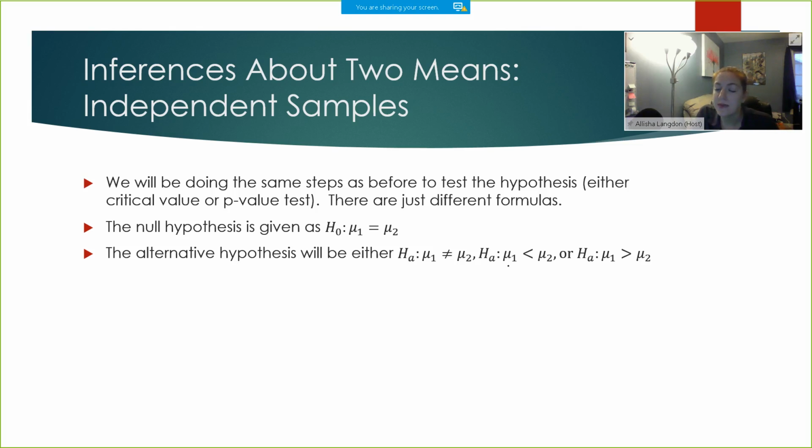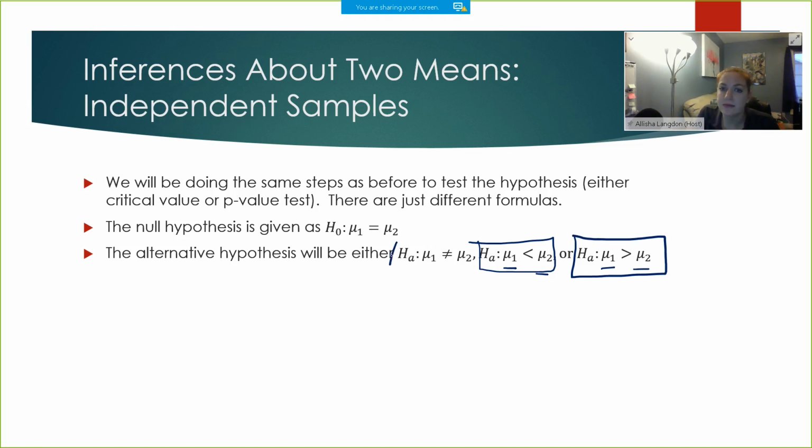So for example, if your first group is supposed to be lower than your second group, you would be using this left-tailed alternative hypothesis. If you're saying that the population mean of your first group is greater than your second group, you would be using this right-tailed alternative hypothesis.